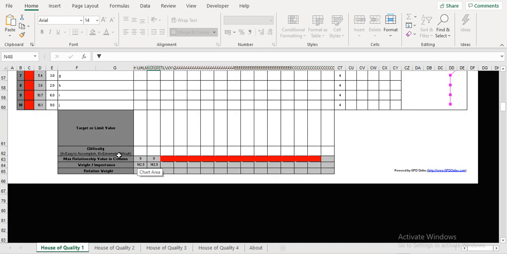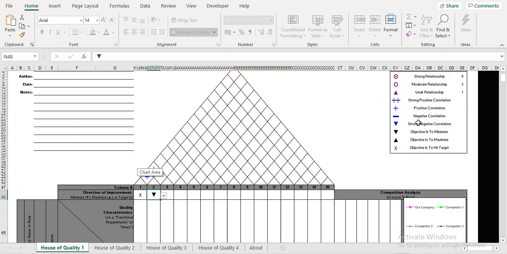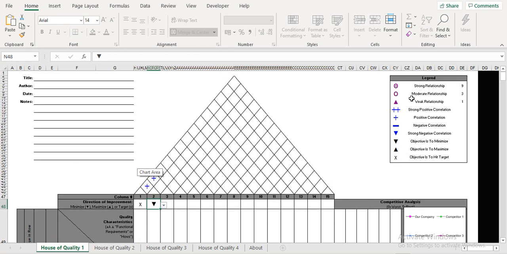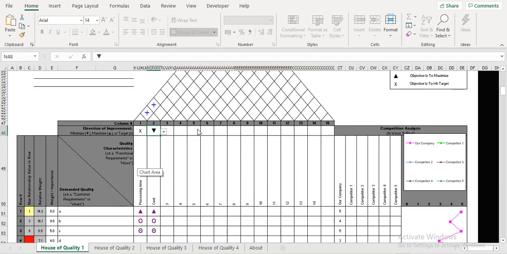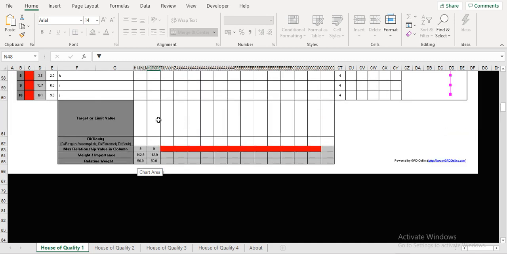Next, these are the relationship values. In the legend, we have relationship values. Based on that, we will be analyzing it. Next, we have target or limit value, and we have difficulty that we fill in manually. Here, you can give values, maybe 0 to 10, target value or limit value.